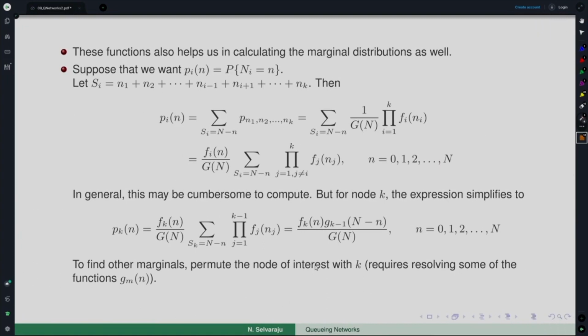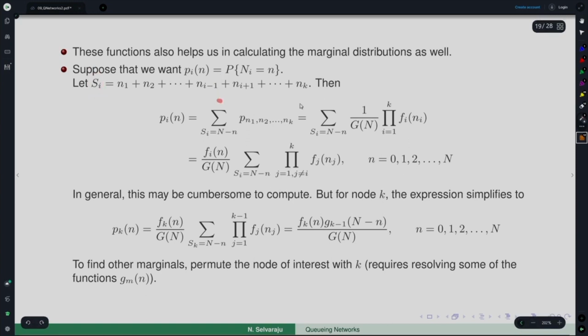Now, in addition, these functions also help us in calculating the marginal distributions. So, for example, if I want the marginal distribution of the ith node, let us call Si the sum without this ith term in the middle. The rest of all the ni's is what you denote by Si.